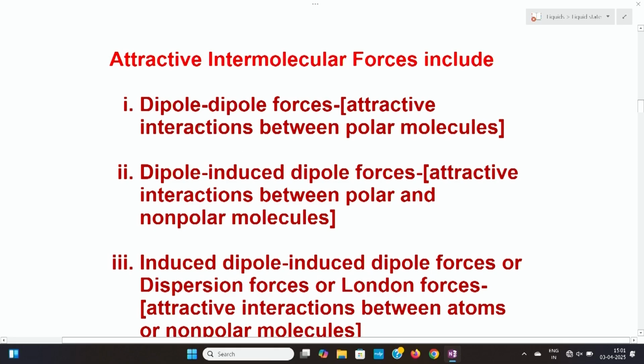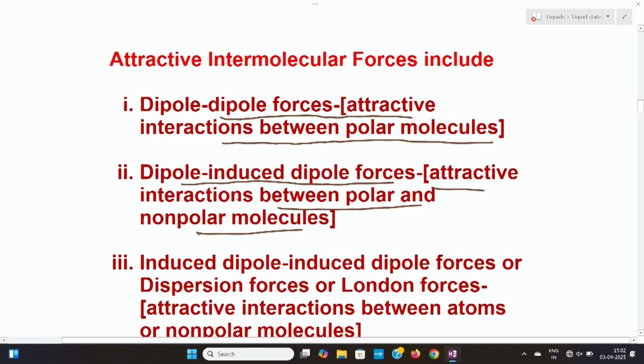Okay, so let us see each one by one. Dipole forces are attractive interactions between polar molecules. Then dipole-induced dipole forces is the second one. This is the attractive interaction between polar and nonpolar molecules. Here the nonpolar molecule becomes polar and there will be an attraction.